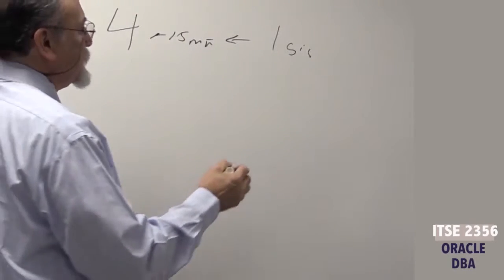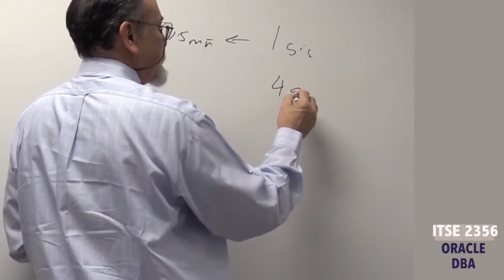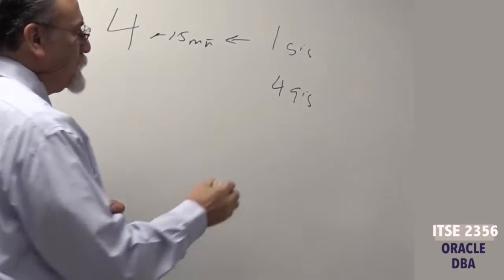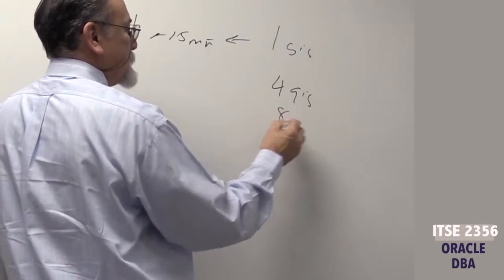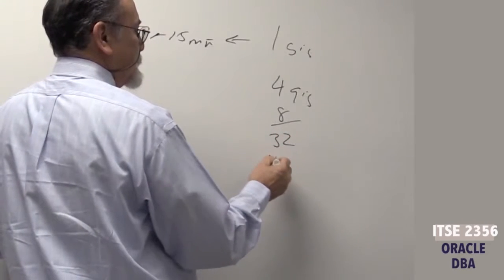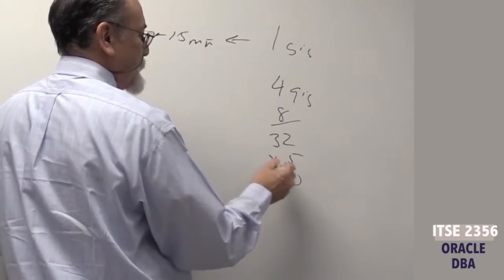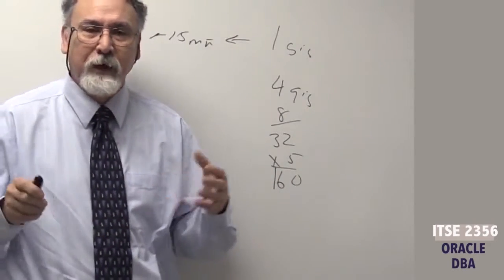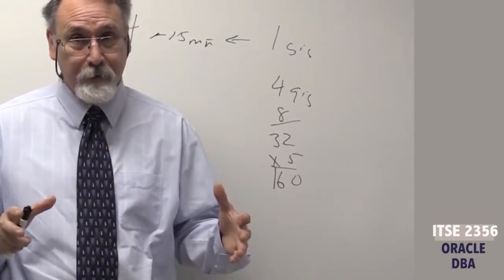That means you're collecting 4 gig of information per hour. You're open 8 hours, that's 32, times 5 days. That's 160 gig of information that you have requirements for in 1 week.